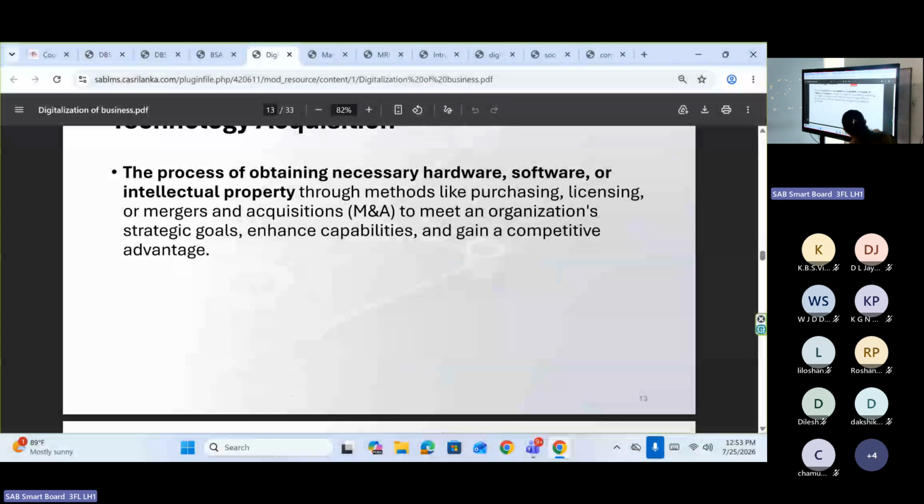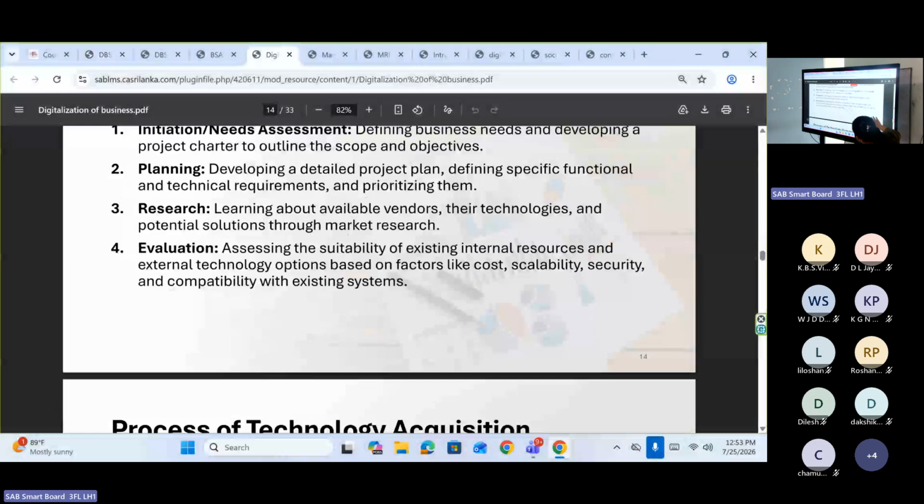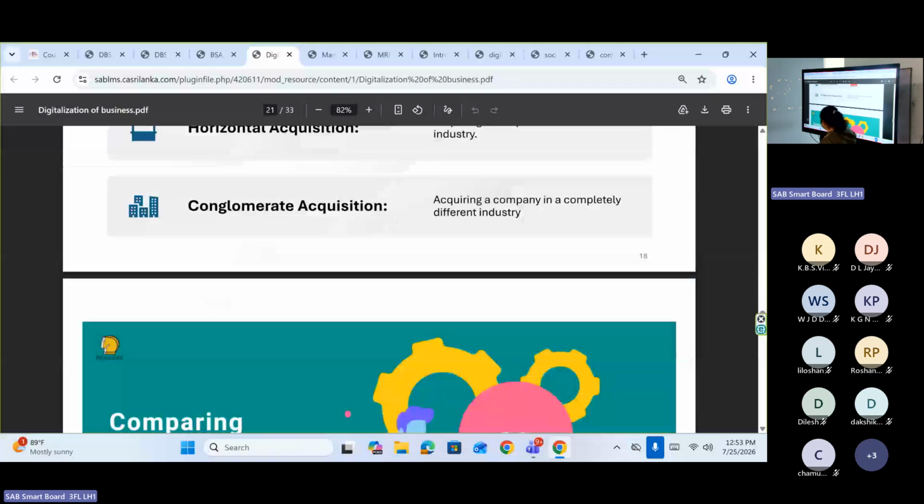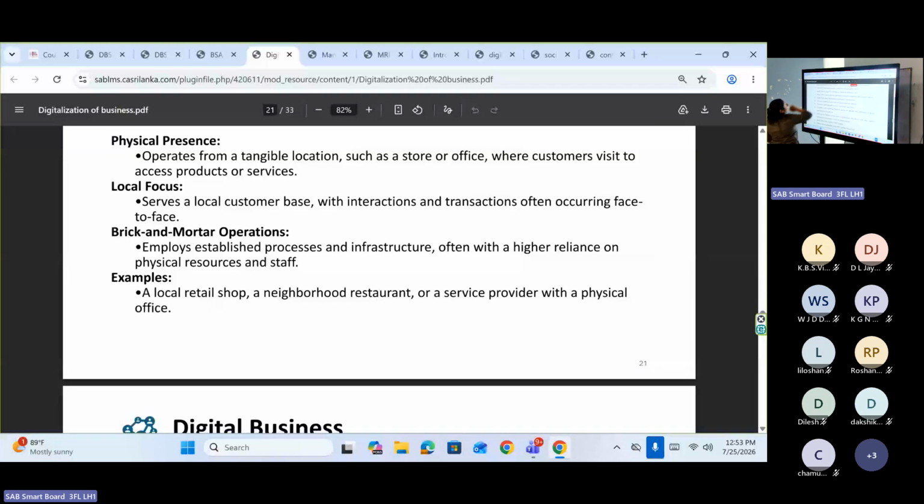Technology community on studies and further, so please. Yes, the process of technology acquisition scientifically. 14 and 15. Please find it out from the note, right?